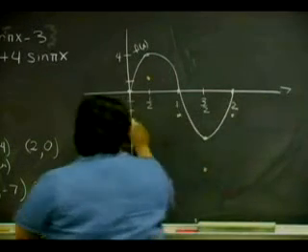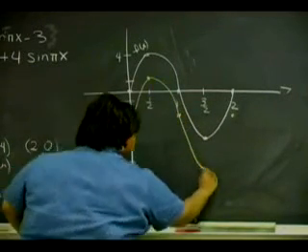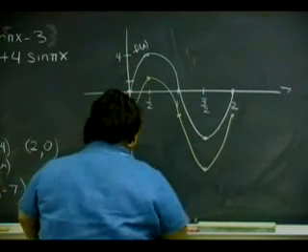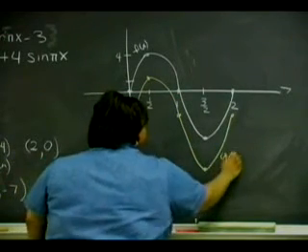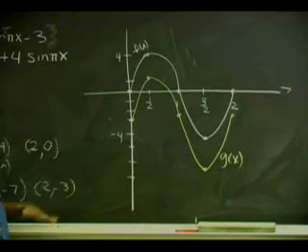Which means my graph looks something like this. Okay? 3 units pushed down.